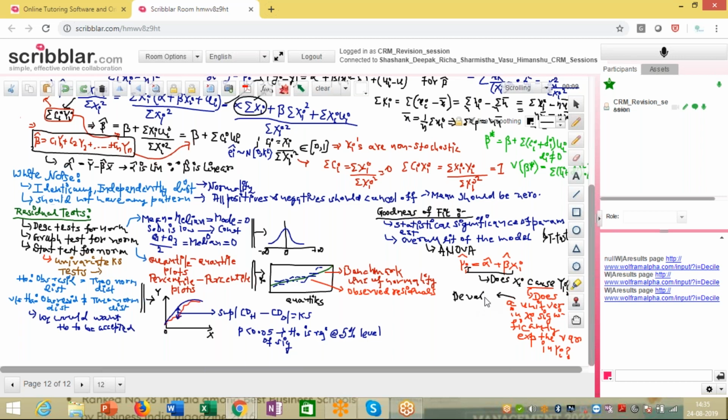And what will that statistical test be? It will be a beta test, or a simple t-test.